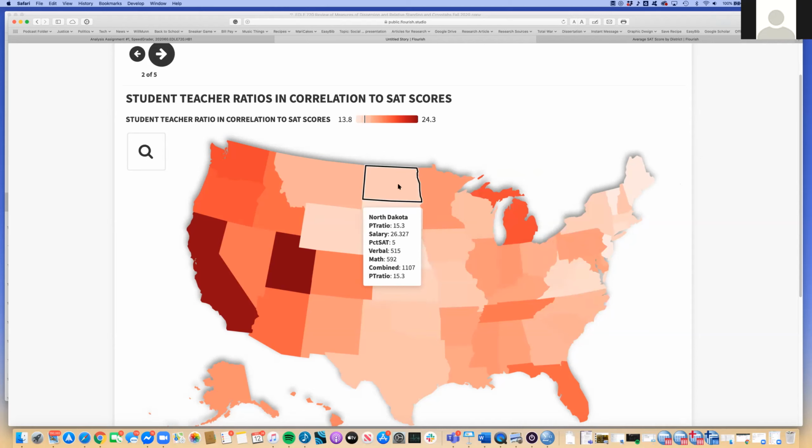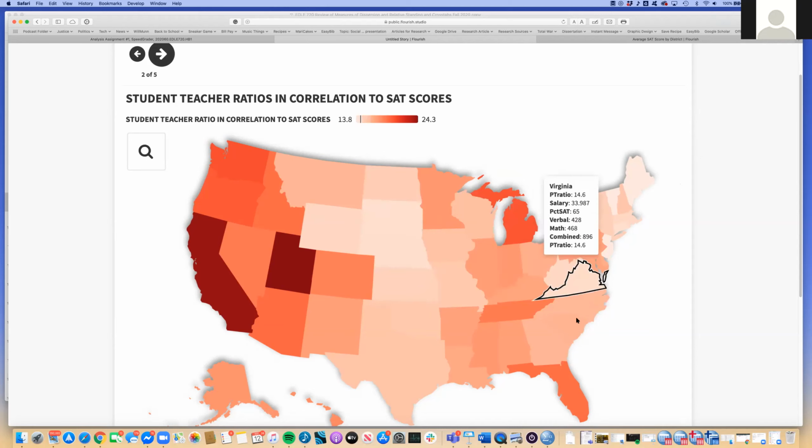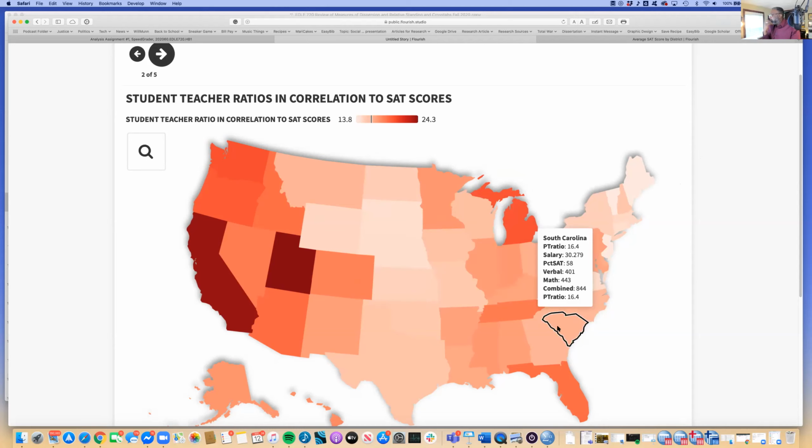But if you also go to South Carolina, go back down one more, they also have a low ratio as well, but the scores are on two different spectrums. So it makes me think that student teacher ratio really doesn't make a difference, because North Dakota scored highest and South Carolina was at the lowest.